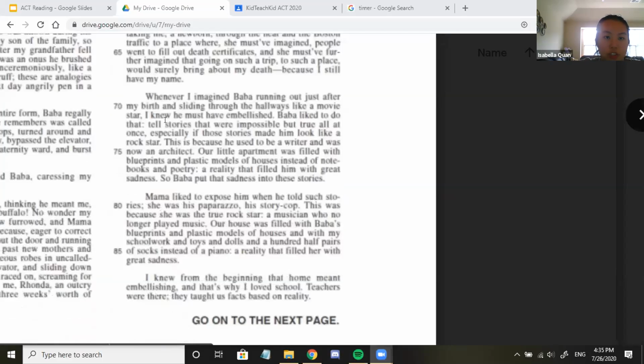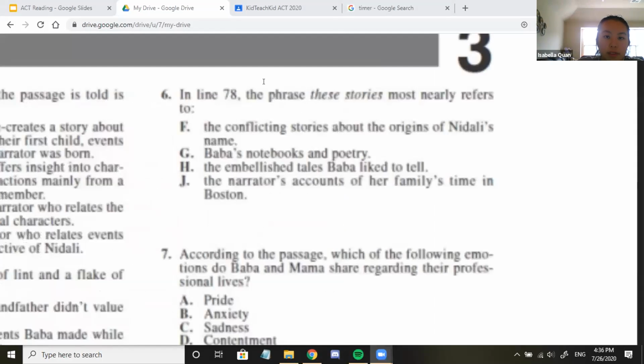Well, they actually mention stories that were impossible but true all at once. These are what's being referred to. This is kind of an English question: what is this referring to? Check the context, find out what it means, especially if they made him look like a rock star. So it's going to be the embellished tales that he liked to tell.